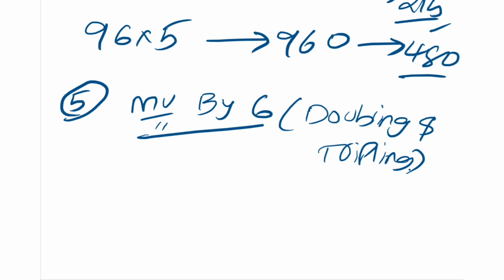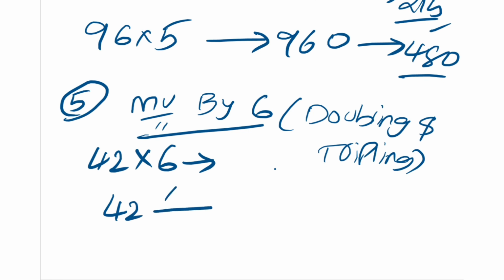For example, I'm in a calculation where I want to multiply 42 into 6. So what I can do, take that initial value 42 and first double it. Doubling and tripling. So 42 double is 84, and tripling is nothing but into 3.